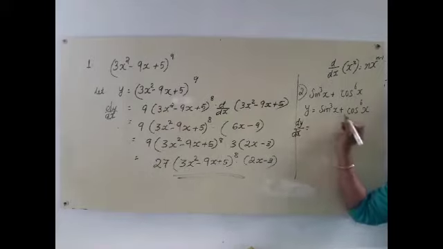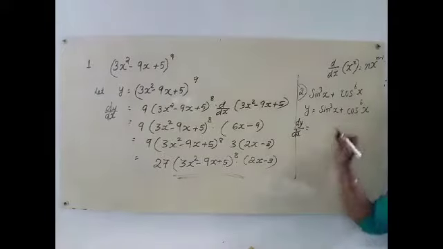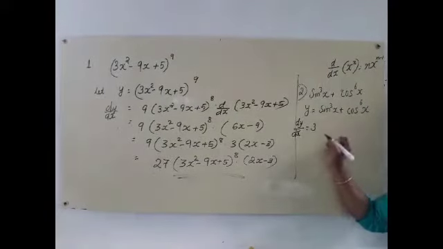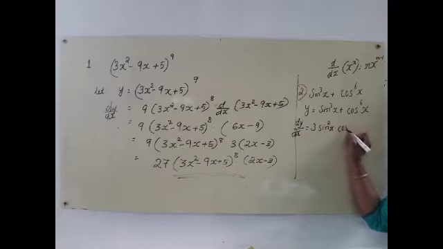dy by dx. Sine cube x, what is the derivative? It is like x cube; x cube derivative is 3x square. Then sine cube derivative is 3 sine square x into derivative of sine x. What is the derivative of sine x? Cos x.